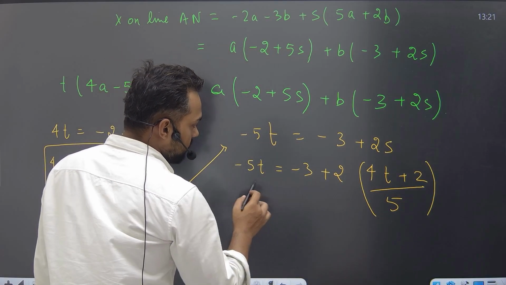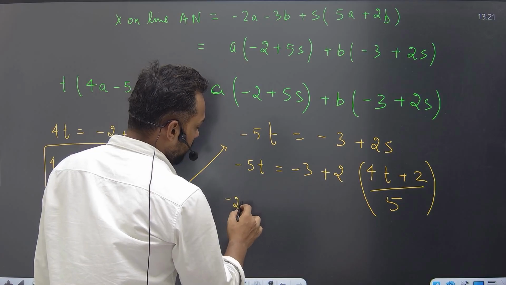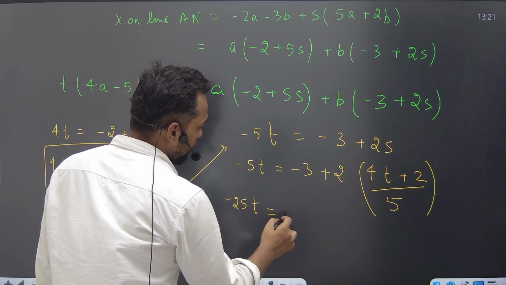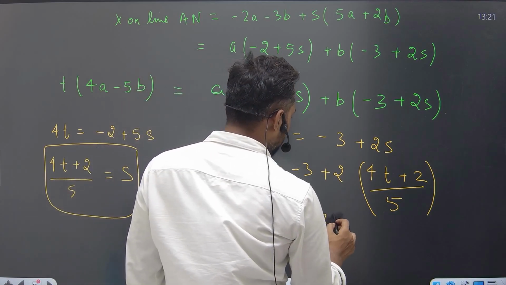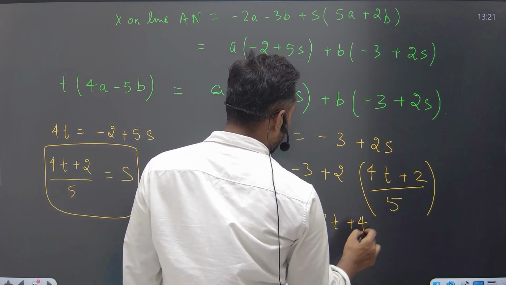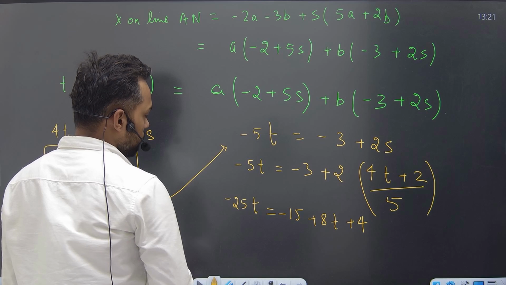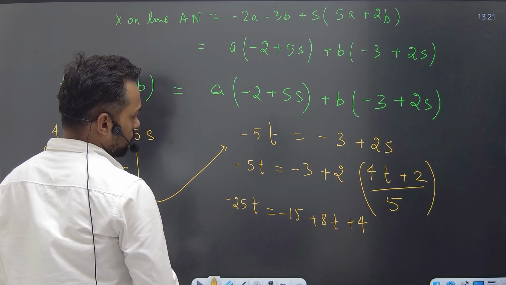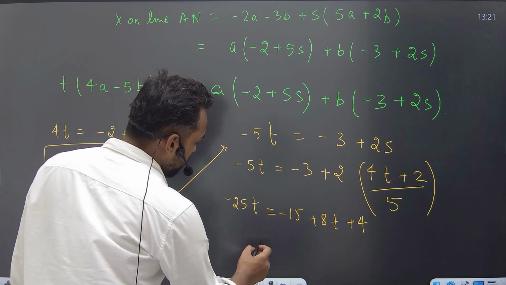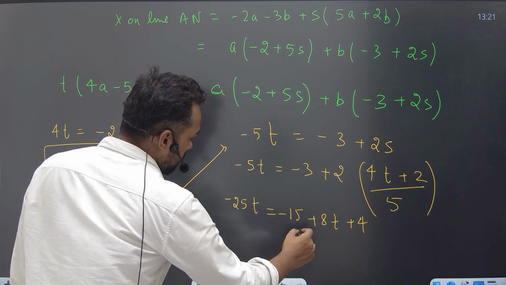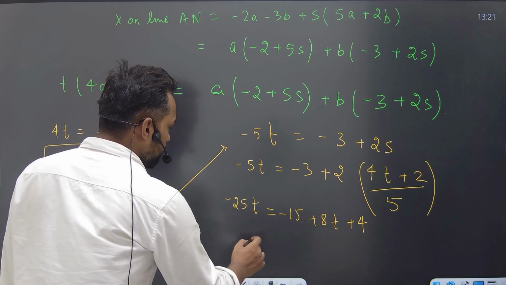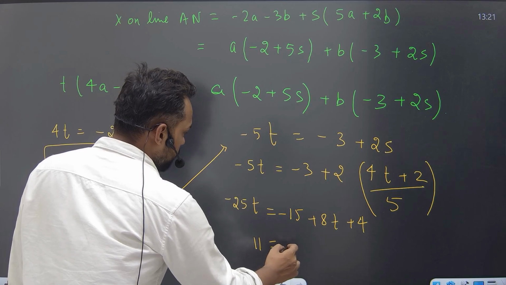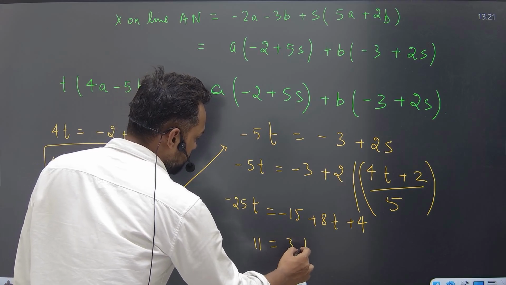On taking the LCM, what will we get? Minus 25t equals minus 15 plus 8t plus 4. So from here, if I transpose this part to the left hand side and this constant term, you will get 11 equals 33 times t.